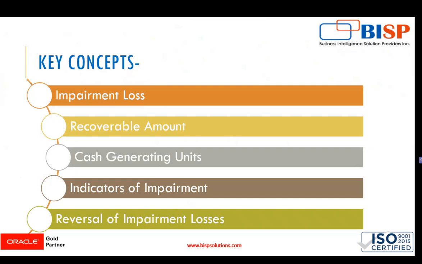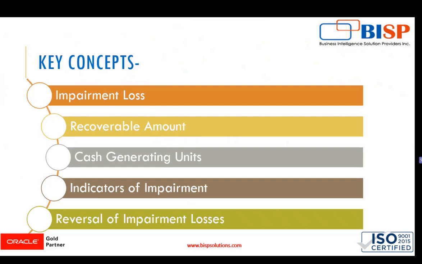Some key concepts: first is impairment losses. This is the amount by which the carrying value, the recorded book value of an asset, exceeds its recoverable amount.